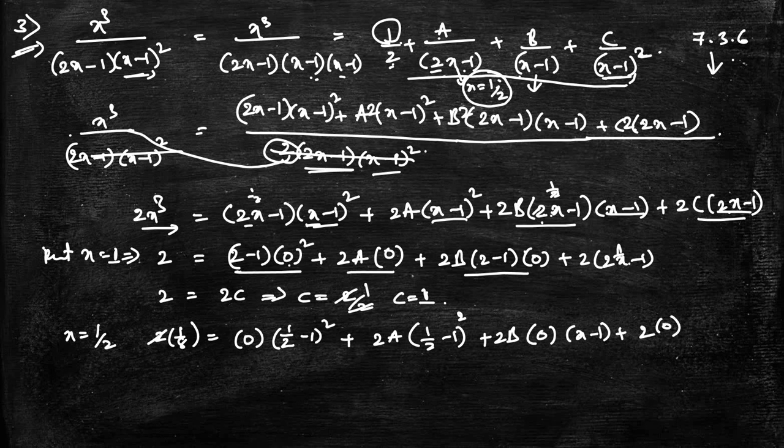Now it will become 2, 1 by 2, 4, 1 by 4 will come here, it will also be 0, and this will become 0 and this will become 0, so 2a will remain here, 2a equal to this one only, it will become minus 1 whole square, a is equal to how much will come here, a is equal to 2 by 4 will come here.